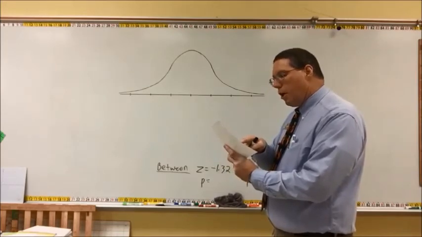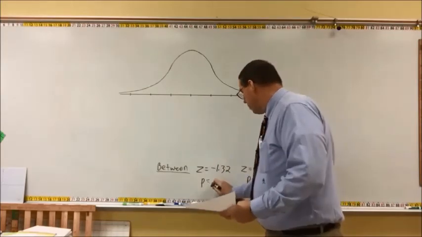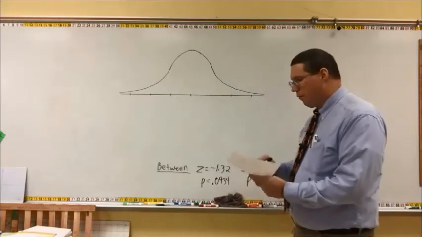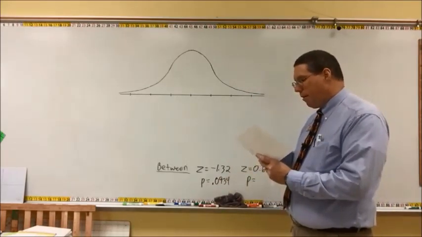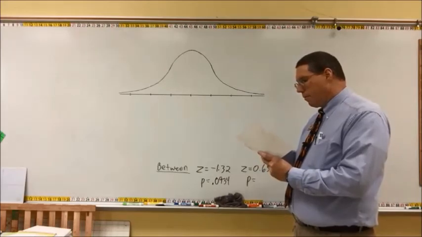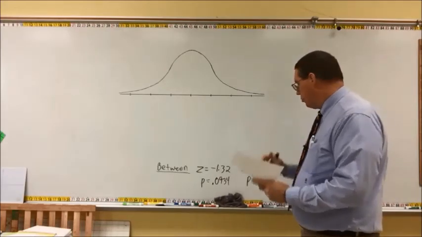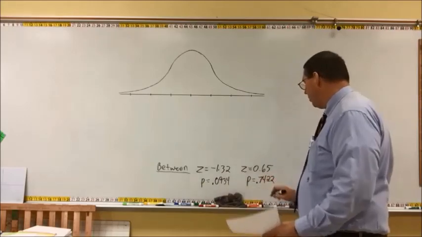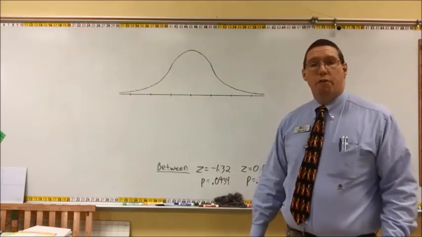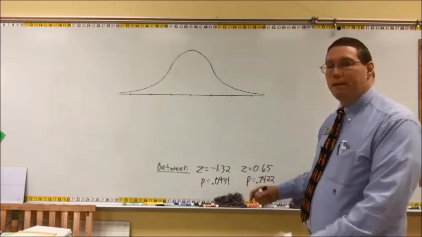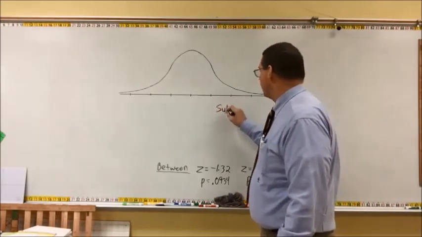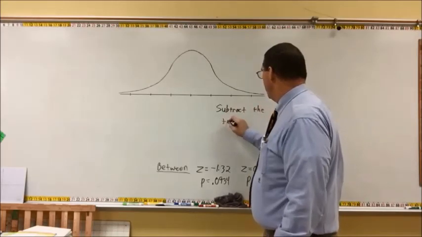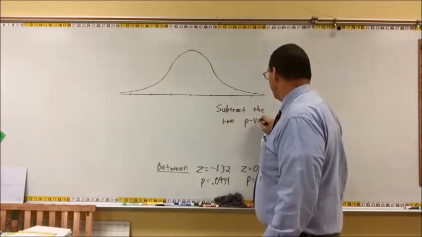It's 0.0934. And then the p-value for 0.65 is 0.7422. And now all you have to do is subtract the two p-values.